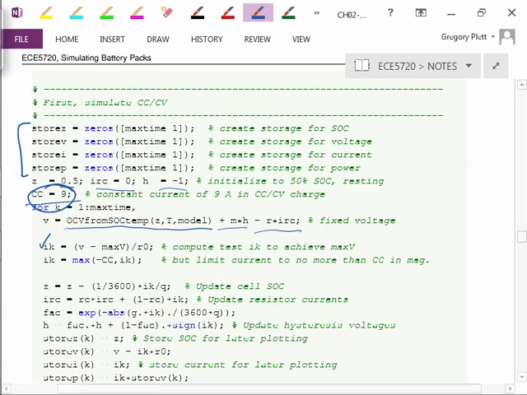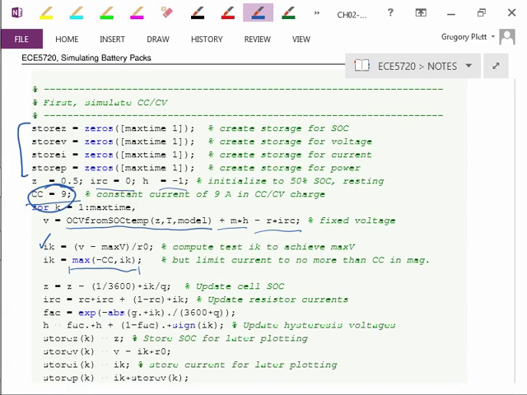But if my constant current does not exceed the voltage limits, then I will use that instead. So that's what this command here does. It's minimum in an unsigned sense, but maximum in a signed sense because charge current is negative. So that's how I compute the input current.